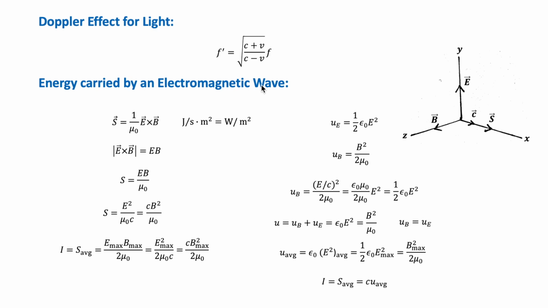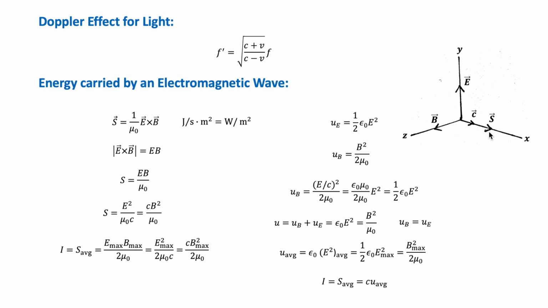So the rate of flow of energy in an electromagnetic wave is described by the Poynting vector S. S is defined as equal to 1 over mu naught, E cross B. The magnitude of S represents the rate at which energy flows through a unit surface area perpendicular to the flow, okay? The direction of the Poynting vector is along the direction of wave propagation as shown here, right?